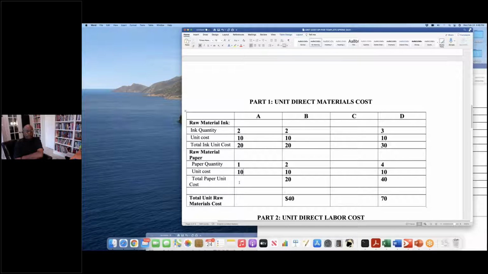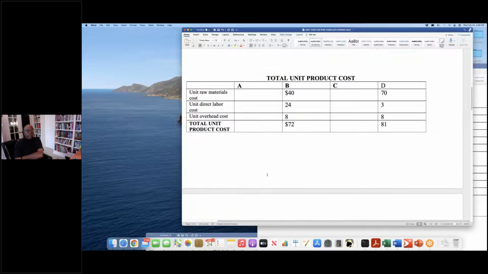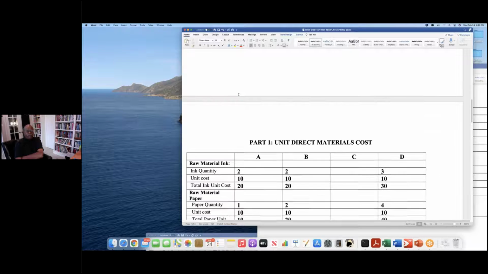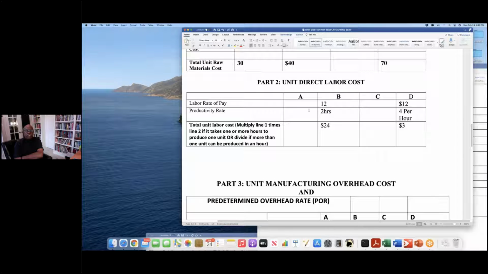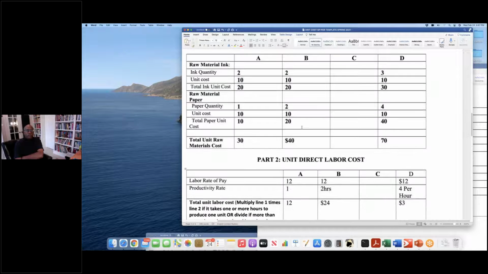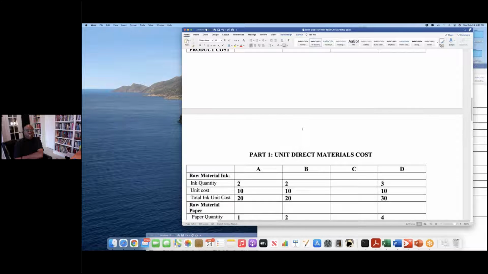The total of it all 30. We got that, and we can drop that 30 in here as the cost of the raw materials. Now we're ready for the direct labor cost. What's our rate of pay? $12 an hour. You make 1 an hour. Then you multiply 12 by 1, your answer 12. Okay. So this is one of the easier ones.